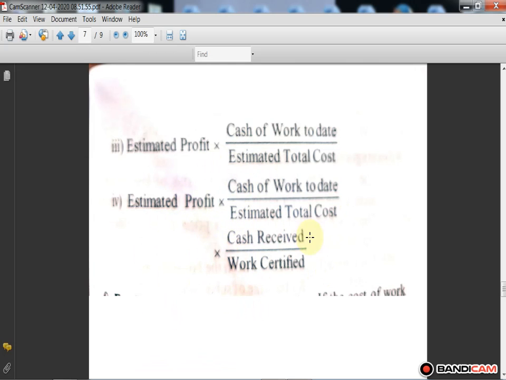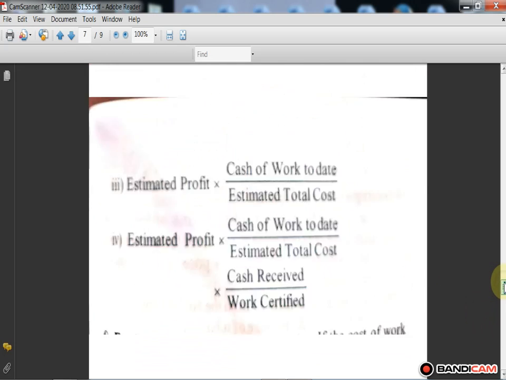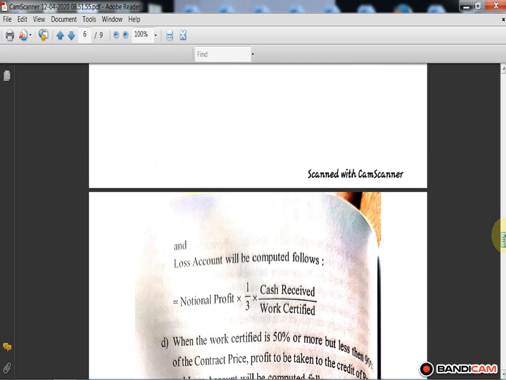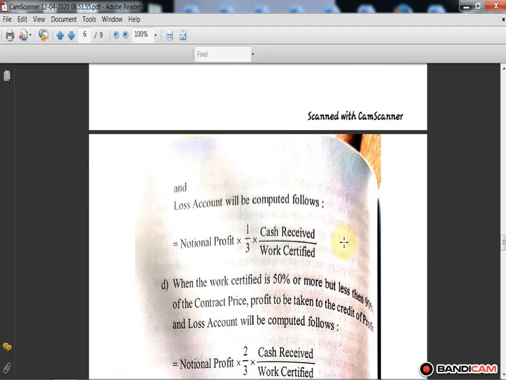We discussed two points here. When the work done is between 25 to 50%, this formula is used.